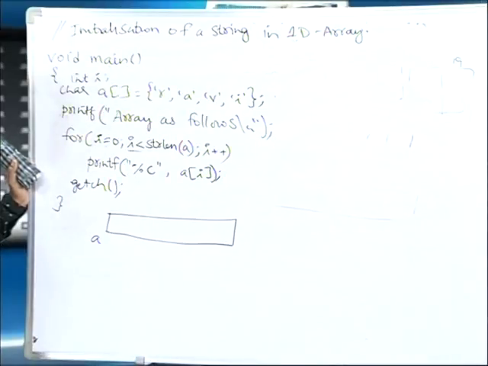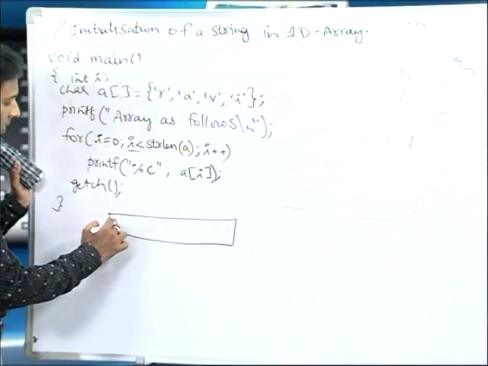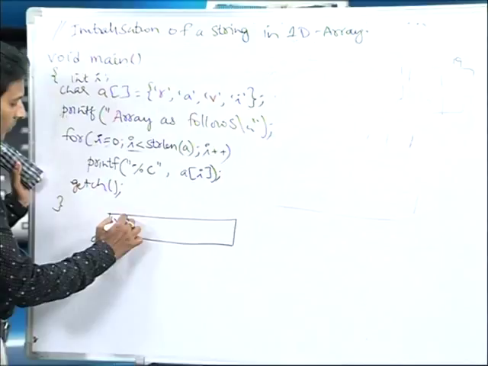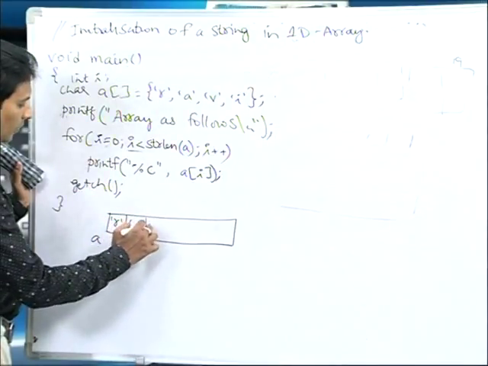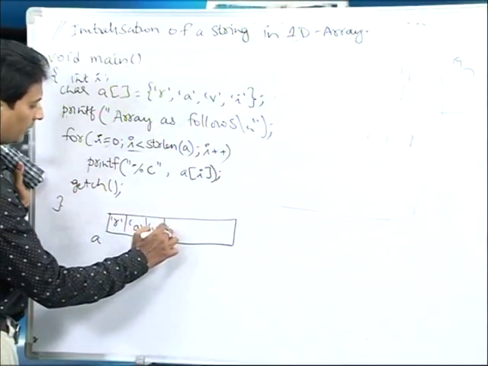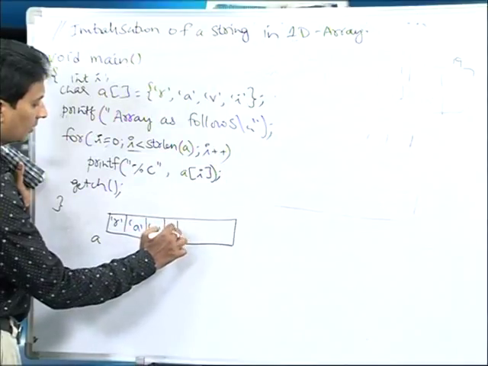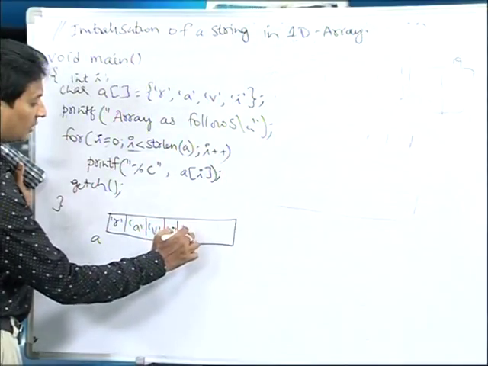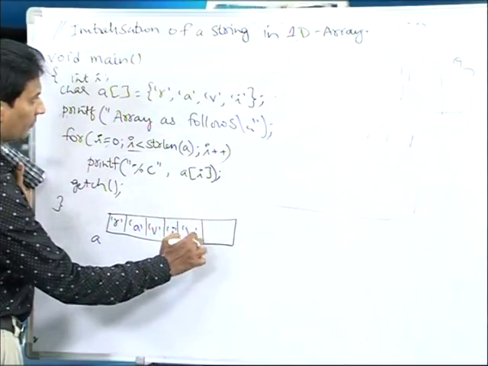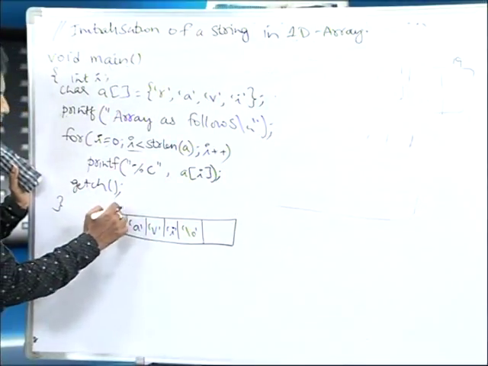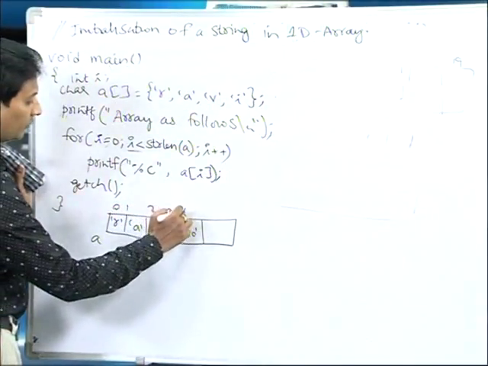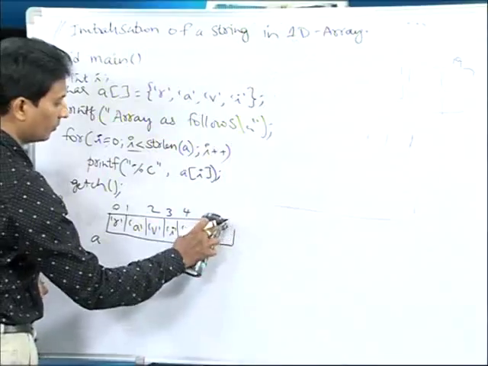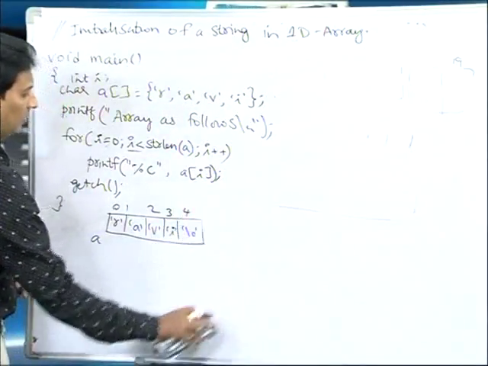So it is R A V I and \0, indexed 0, 1, 2, 3, 4.